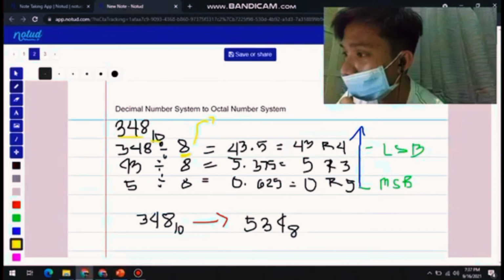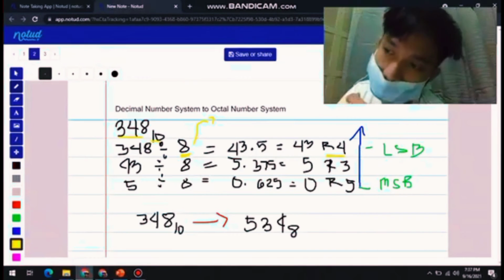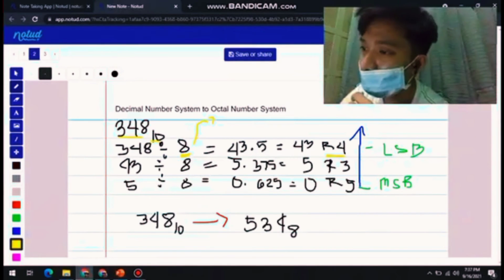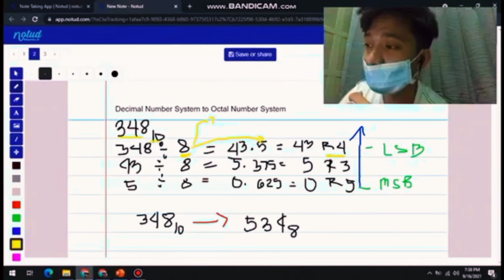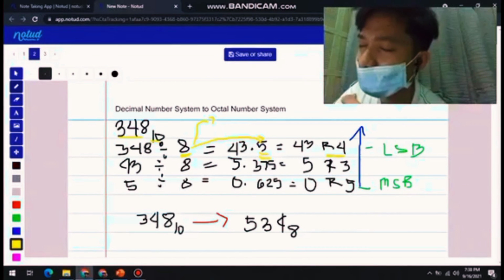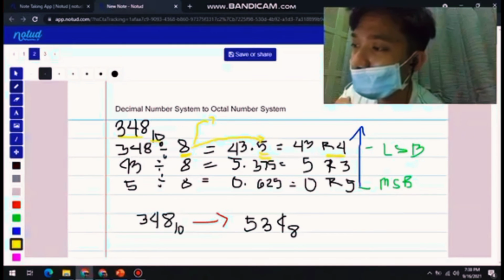So it is 43 with a remainder of 4. Like what I said earlier, I get the remainder by multiplying 8 by the number after the decimal point.